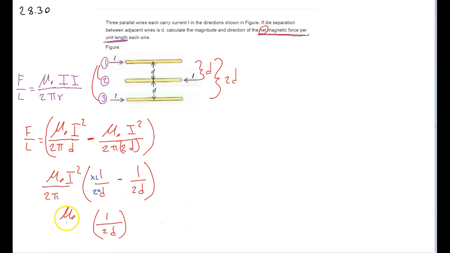And if we bring this down, 2 pi, okay, and if we simplify, that's pretty much the answer: mu sub naught I squared over 4 pi D. That's for wire 1.